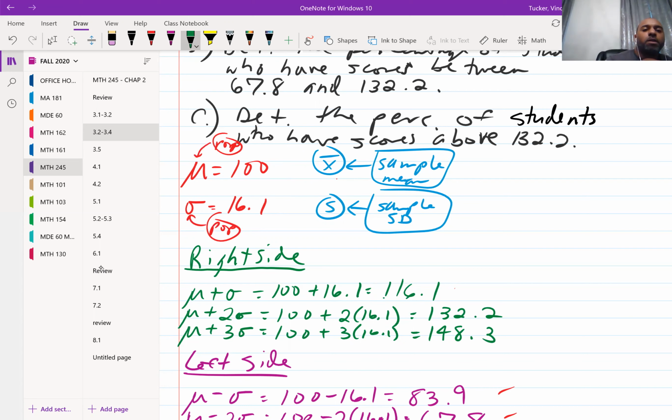All right. Then we add 16.1 again. That gives me 132.2. Add 16.1 one more time. That'll give me 148.3. So that's what we mean going adding the standard deviation 3 times. That gives us 3 values to the right of our mean.